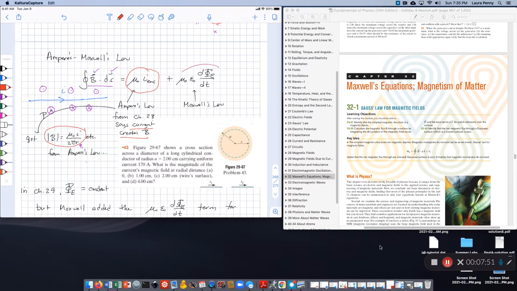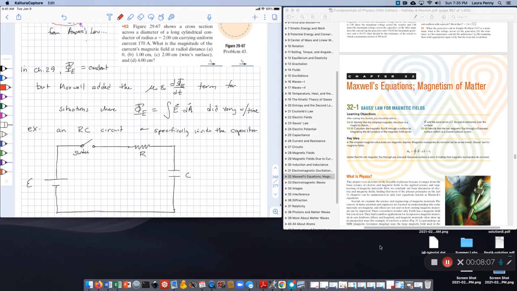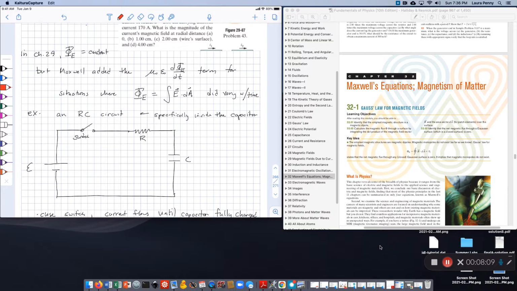But the actual equation has an addition that Maxwell put on. And in chapter 29, by the way, this is also a problem we used when we used Ampere's law. Maxwell adds this other term. He says this is a situation where our electric flux might be changing with time.